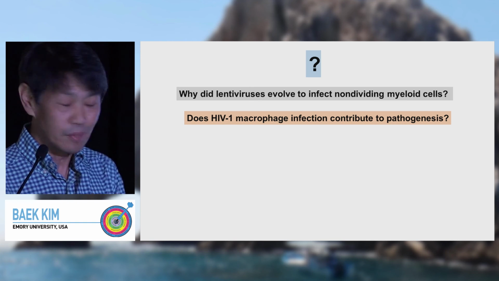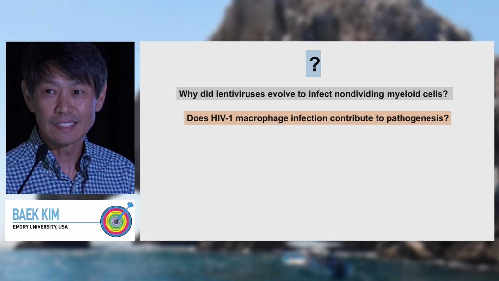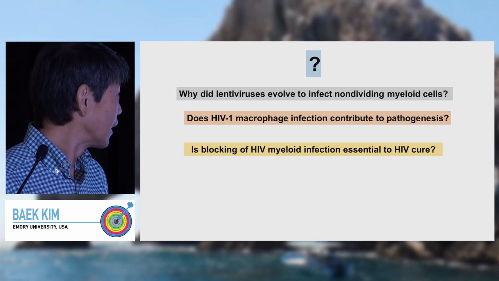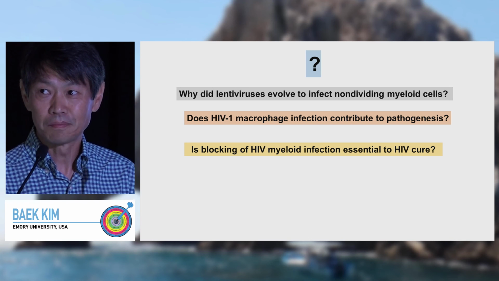And Mario said exactly the same thing. Does HIV macrophage infection contribute to pathogenesis? I really don't know. Hopefully we can answer that. Also, is blocking HIV myeloid infection essential for an HIV cure?